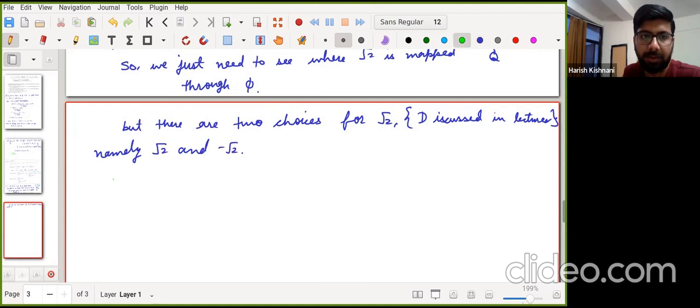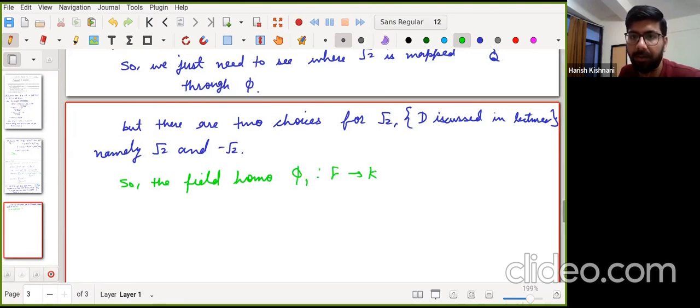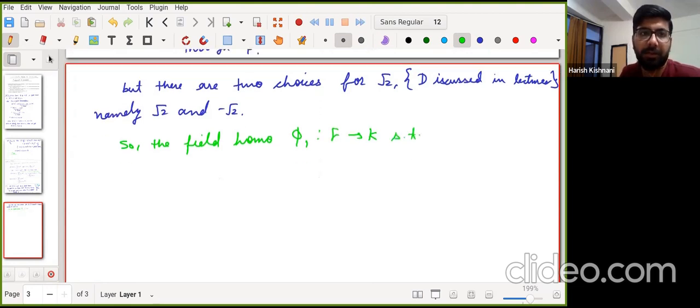So it's up to you. So there exists a field homomorphism phi 1 from F to K such that root 2 is mapped to minus root 2.